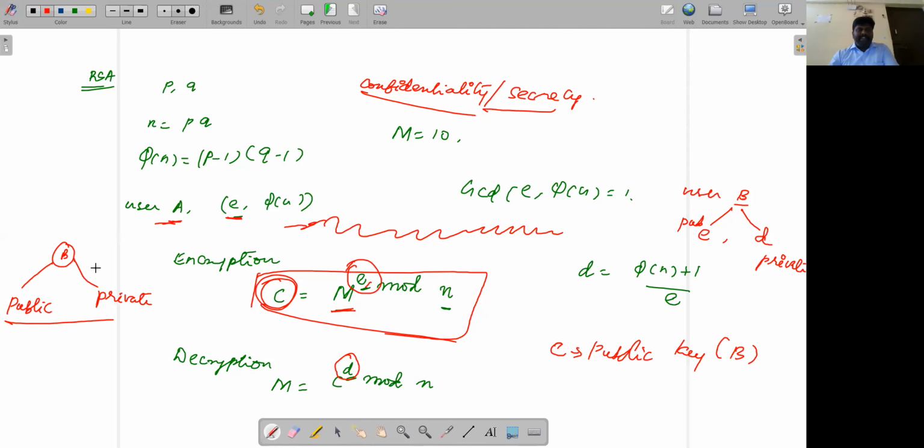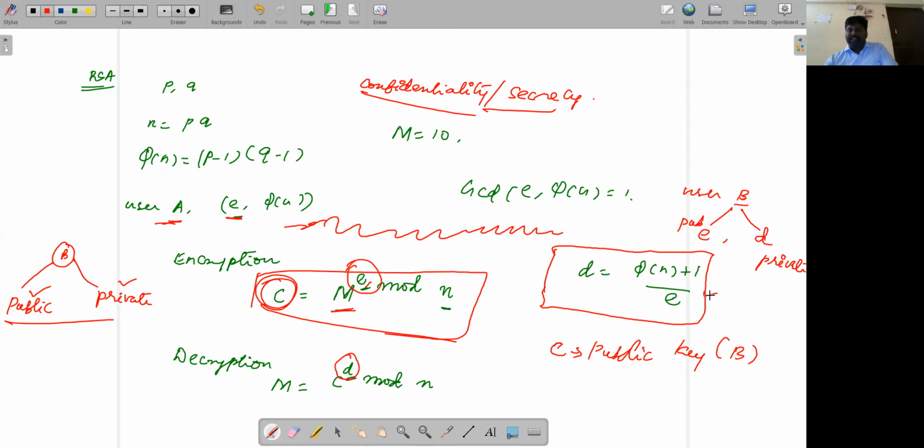With this scenario, the receiver B's public key is used for encryption, and the alternate key used for decryption is the receiver B's private key. To calculate the receiver's private key, this formula can be adopted: D is equal to (phi of N plus 1) upon E.